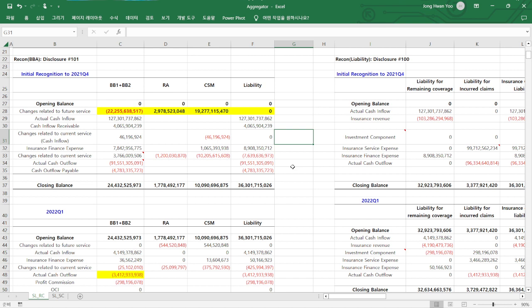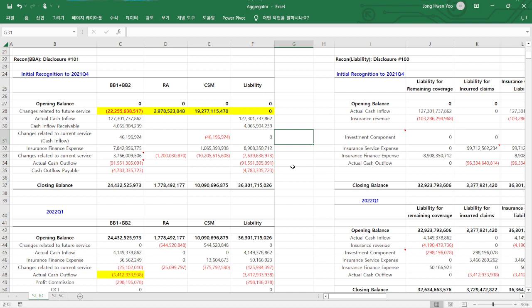And in the standards, the measurement level at which you can present the values in the financial statement is the group of contract. So whatever amount of policies you have, like a million, or hundreds of thousands of individual contracts, it doesn't really matter.